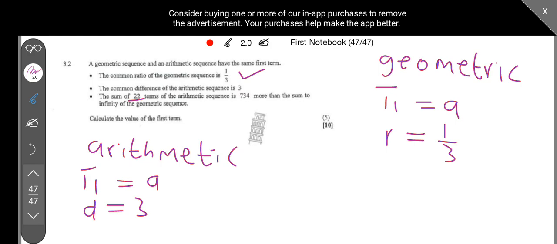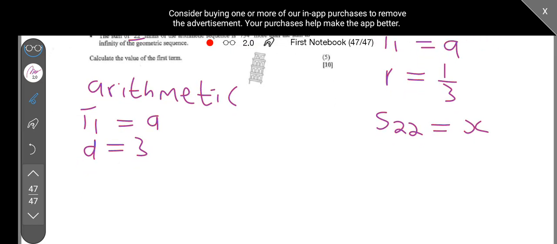Then the sum of the 22 terms of the arithmetic sequence is 734 more than the sum to infinity of the geometric sequence. This means that if the sum of the first 22 terms of the geometric is given as x, therefore the sum of the 22 terms of the arithmetic sequence is given as x plus 734.